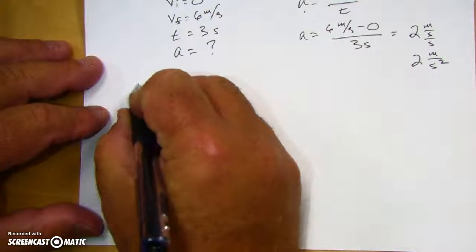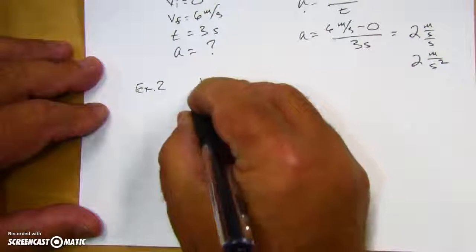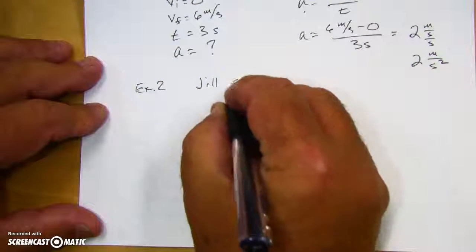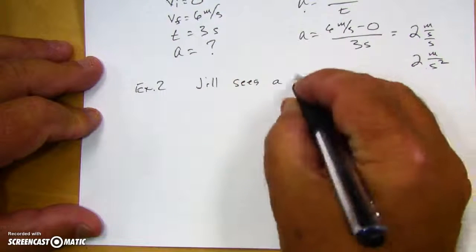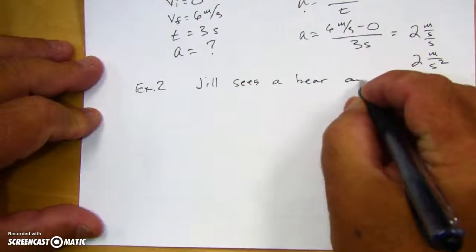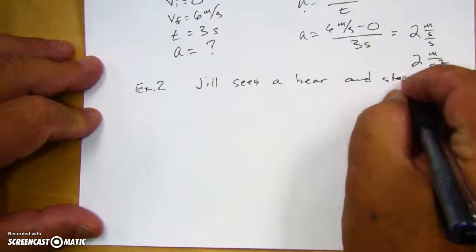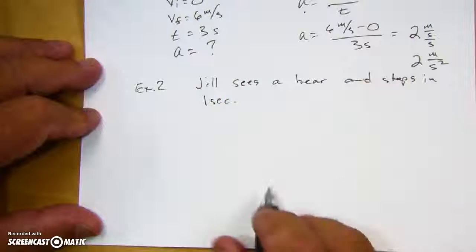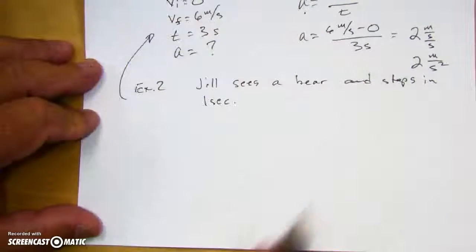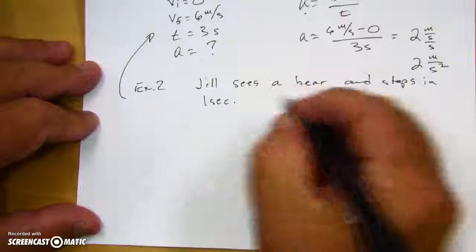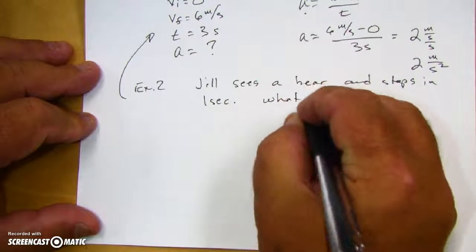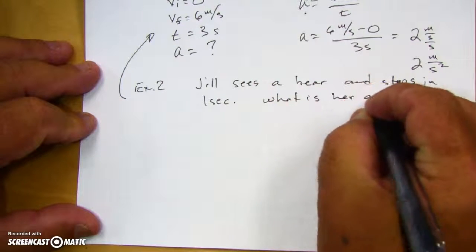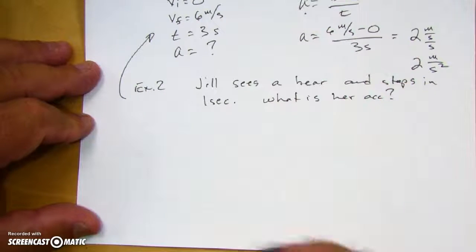Let's do a second one. Jill sees a bear and stops in 1 second. This is related to the problem up here. She stops in 1 second. What is her acceleration?